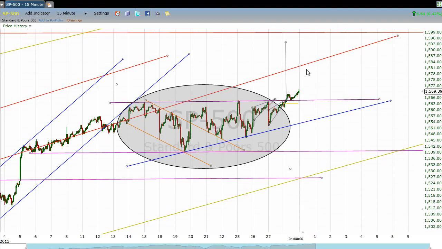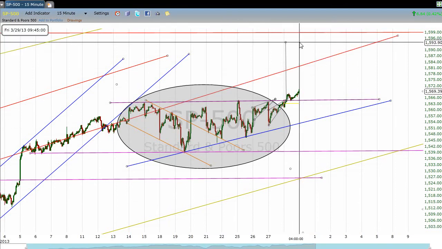But let's say we get a little bit more mustard on this, and tomorrow we solidify this move with a technically significant breakout. Then we would be looking at a target, like I said, 1593 and change.